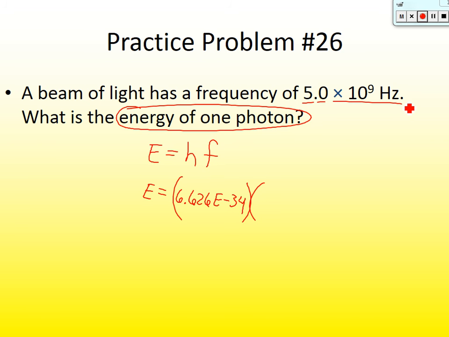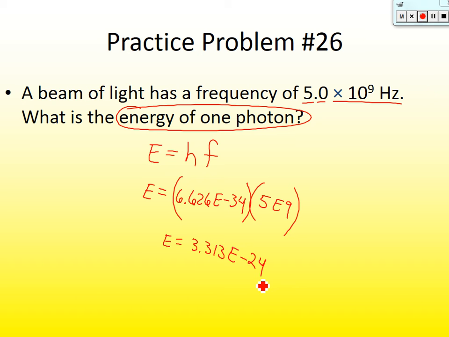It did tell us the frequency was 5 times 10 to the 9th hertz. So all we have to do is times those together. And I'm getting this number, so the energy of this photon is going to be equal to 3.313 times 10 to the minus 24.